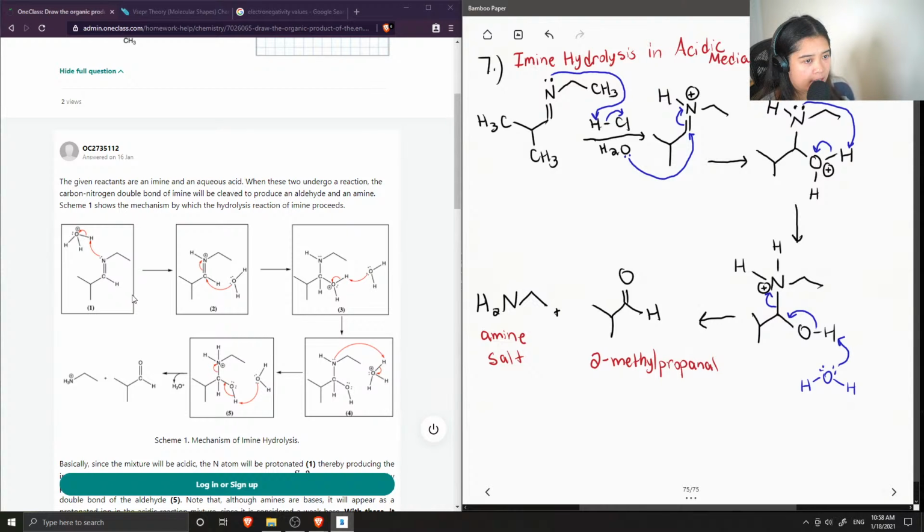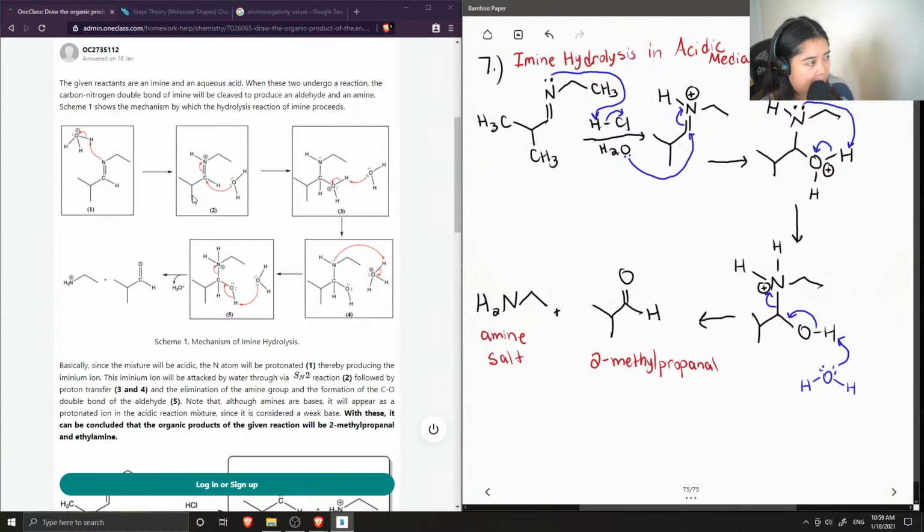Since it's HCl and water, we're going to have protonated water groups. And now the second step is a water molecule coming in to attack the carbon and relieve the positive charge on the nitrogen. And then another water molecule comes in and takes in one of the hydrogens. And they have the lone pair taking a proton.